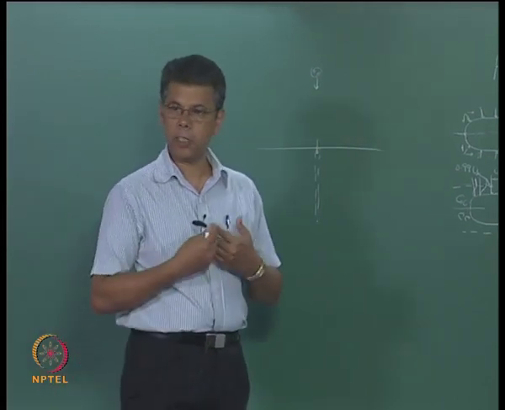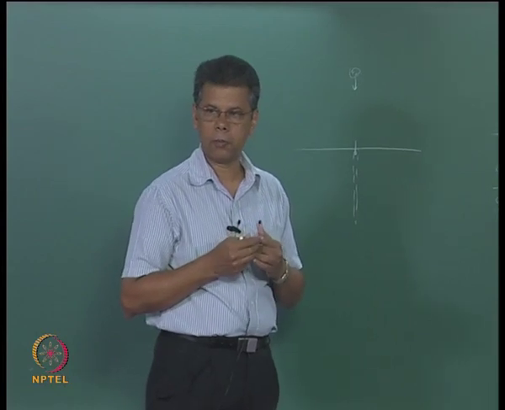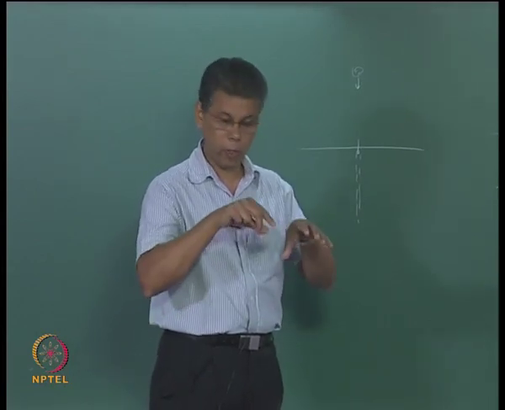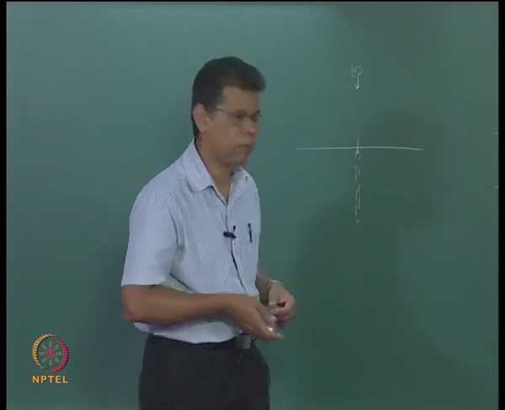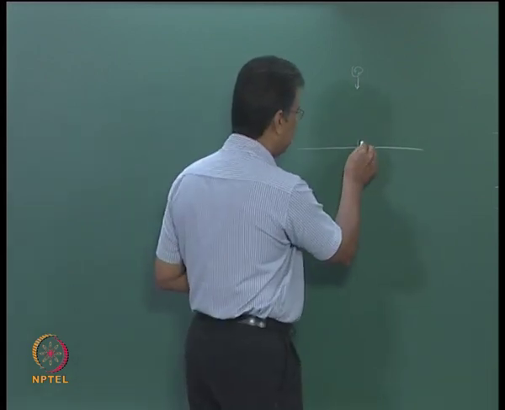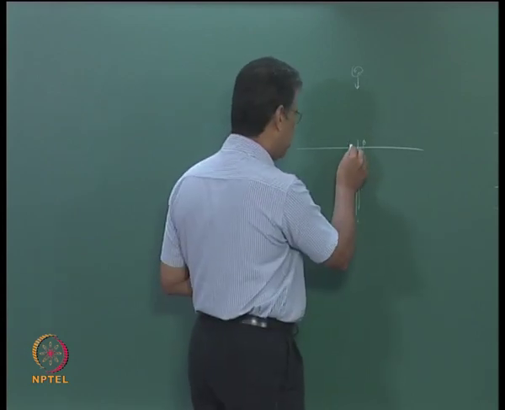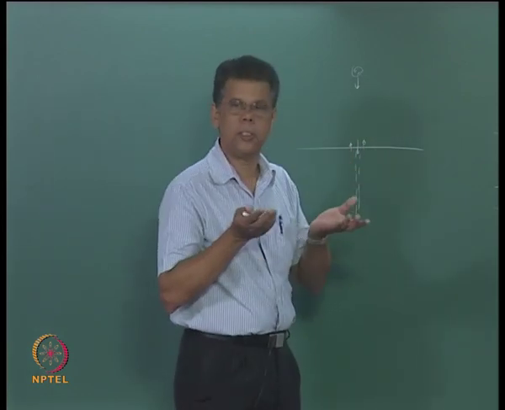So what happens to the adjacent water column? Water is incompressible, so even when you apply pressure, its volume is not reducing. So what happens to the adjacent layer of water? It will come up. It will push up the water column adjacent to it.